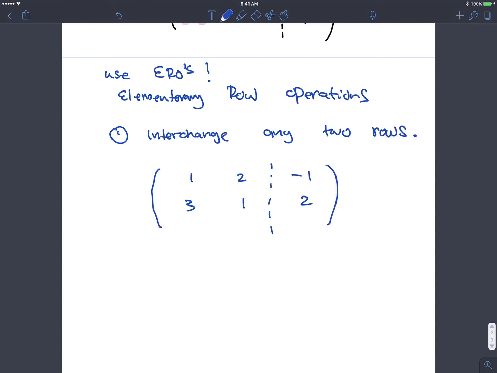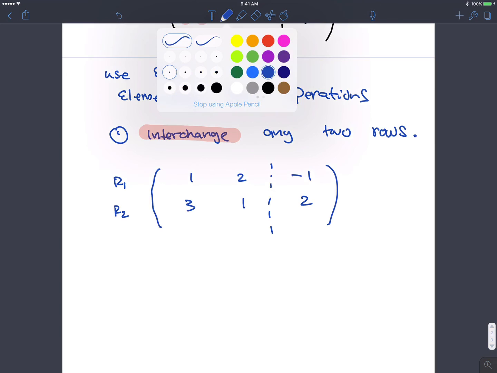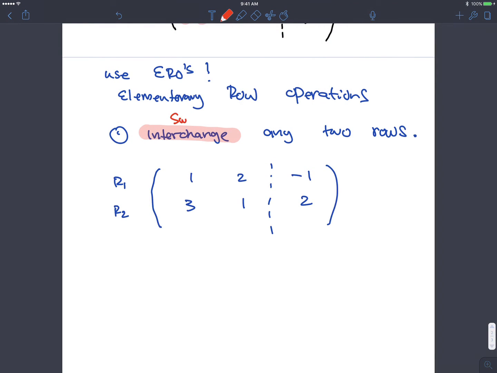Remember, this is row 1, and this is row 2. So to interchange rows, interchange simply means to switch. I switch row 1 with row 2, or I interchange these rows.